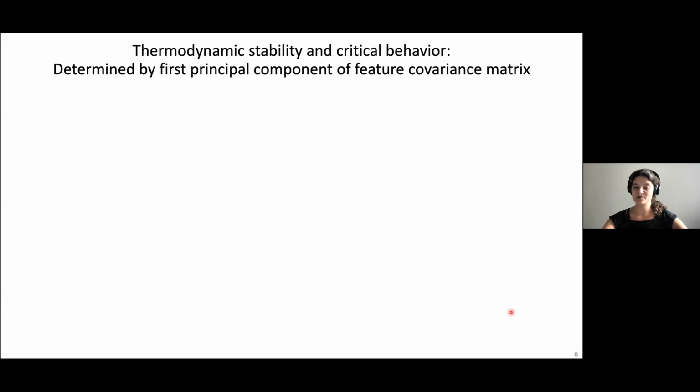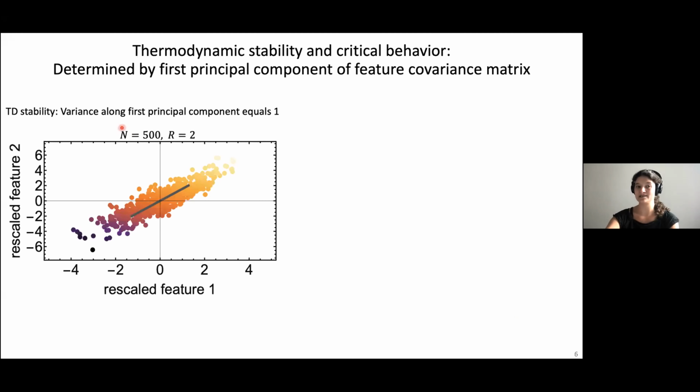And to be a bit more specific, what we find is that if you want to figure out if a system is thermodynamically stable or not, then what only matters is how the components are distributed in this low-dimensional feature space along the first principal component of the covariance matrix.